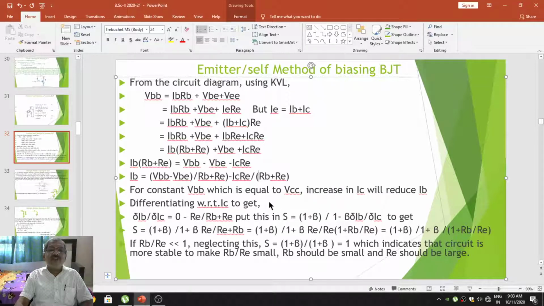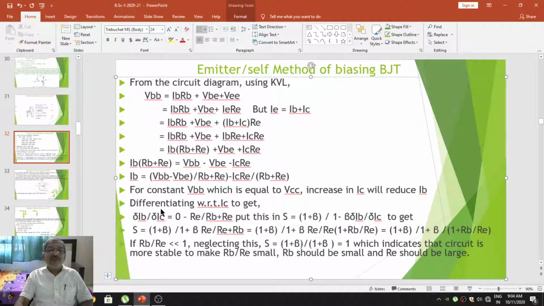Differentiating this particular equation, we can get delta I_B upon delta I_C, and that's equal to V_BB, V_BE are constant, that's why this factor is constant. So therefore differentiation of this particular constant quantity is 0, minus differentiation of this quantity with respect to I_C, it is R_E upon R_B plus R_E.